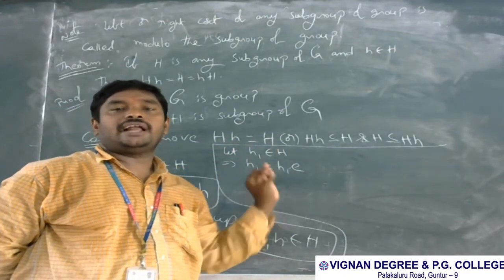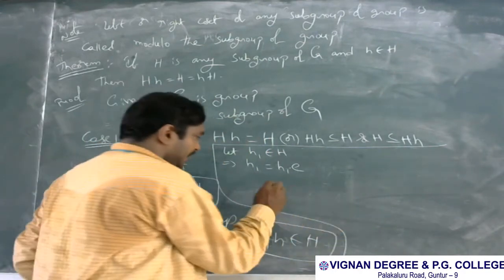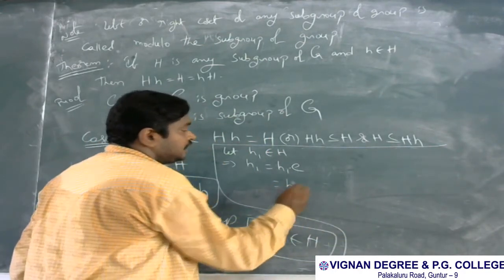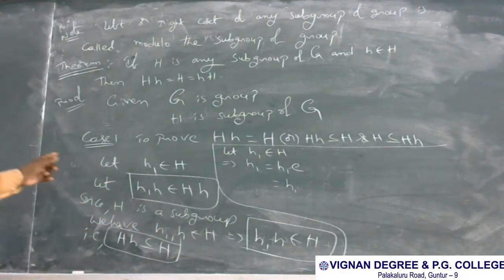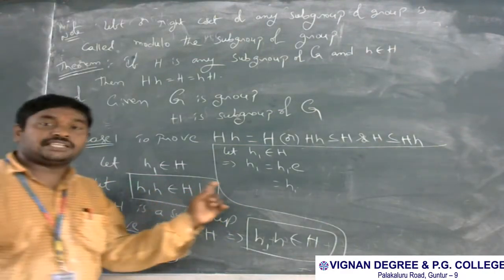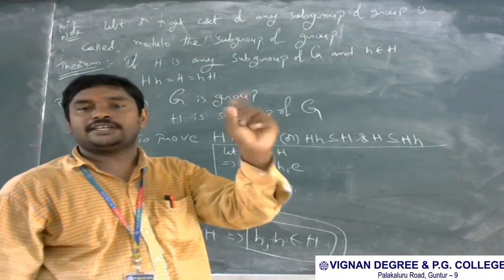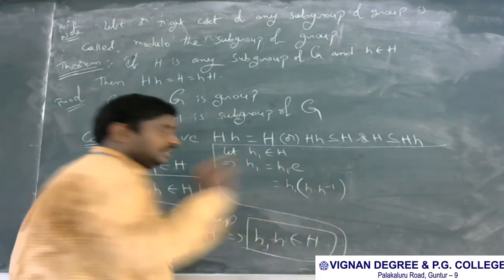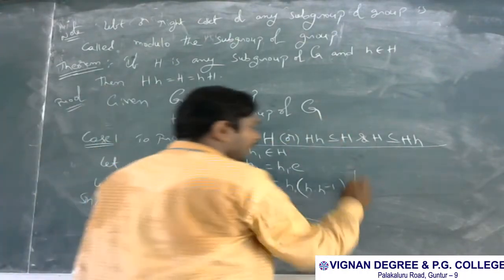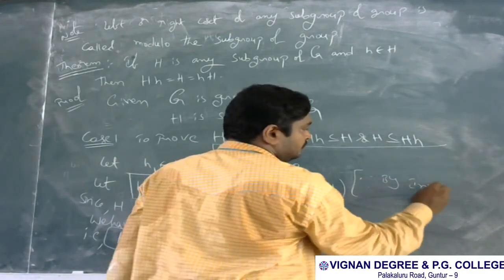So here I am using the inverse property. h1 into, here inverse property means we can use the inverse. What is inverse? Small a into 1 by a, or small a into small a inverse. That way small h into small h inverse. If you have any doubt, you can write by inverse law.